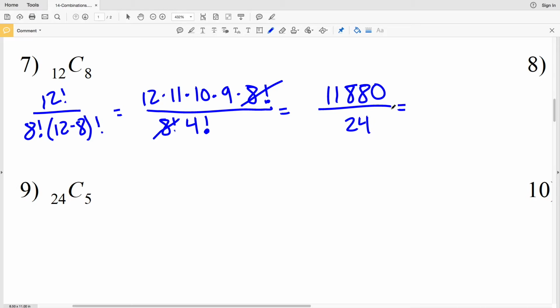So 11,880 divided by 24 equals 495. That is my solution in number 7.